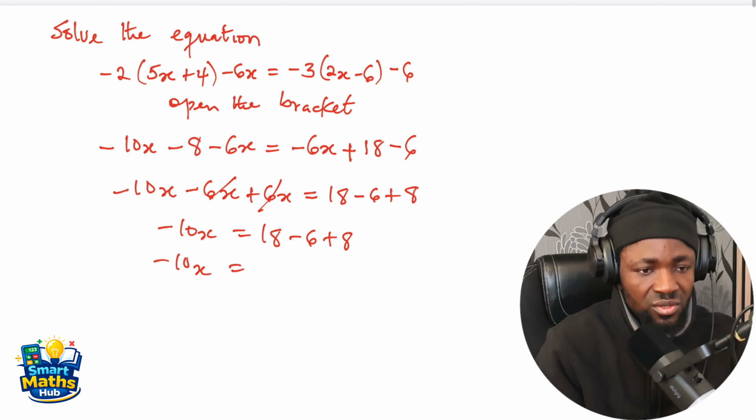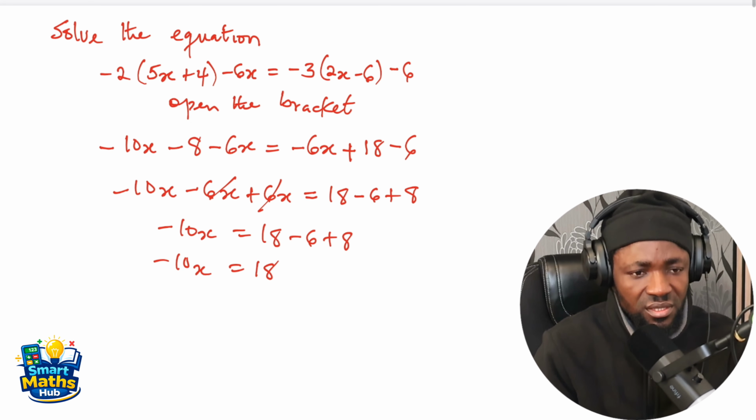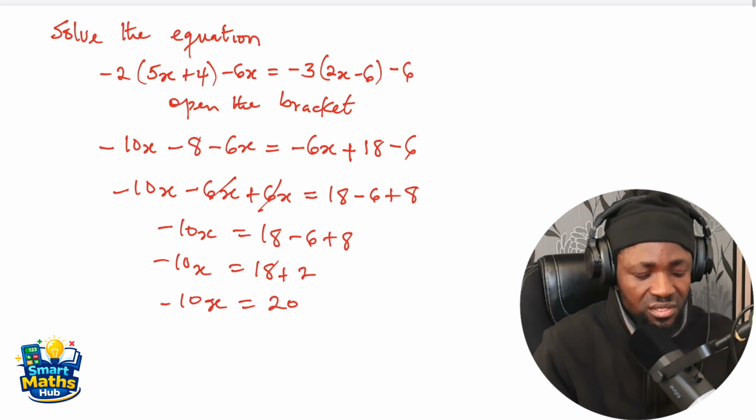Minus 10x equals to 18 minus 6 plus 8, that's plus 2. Then we have minus 10x equals to 20, right? That's what we did so far.